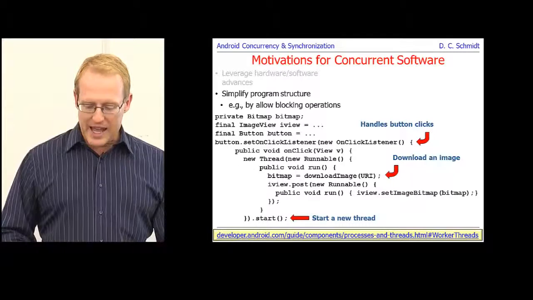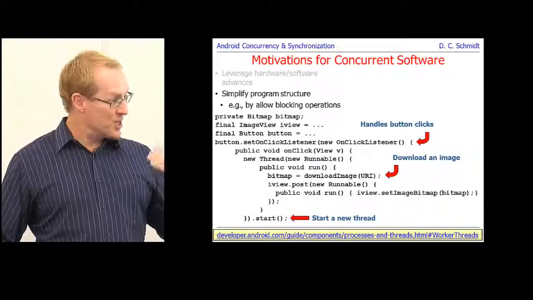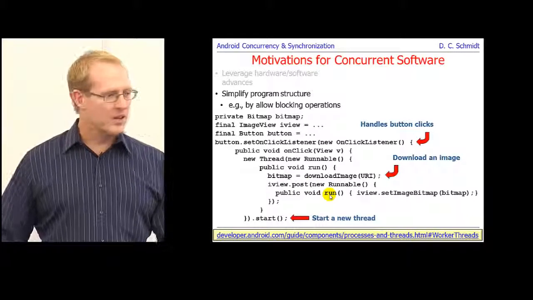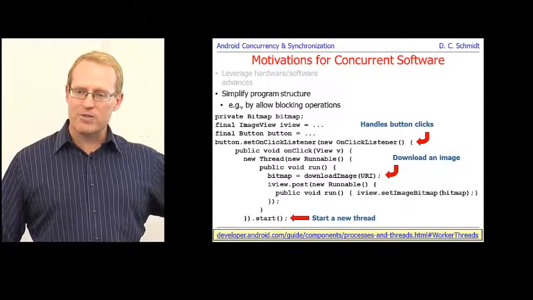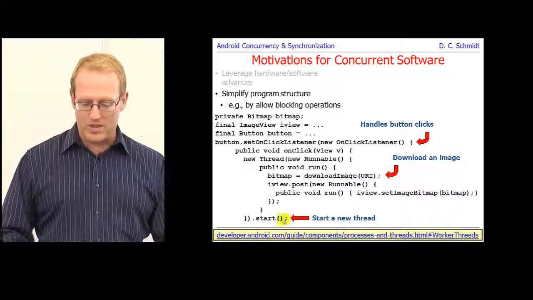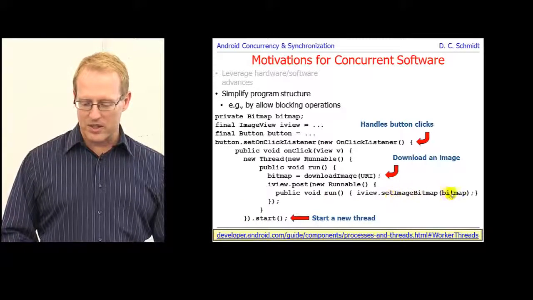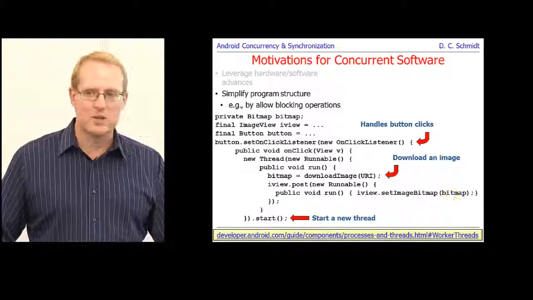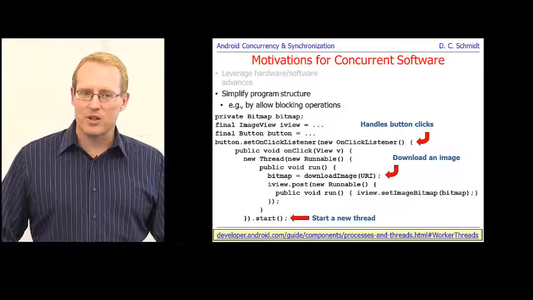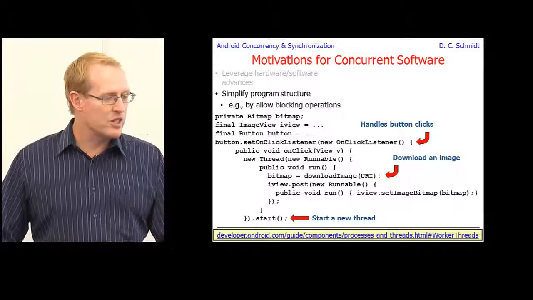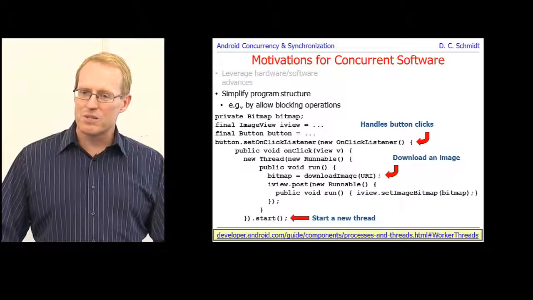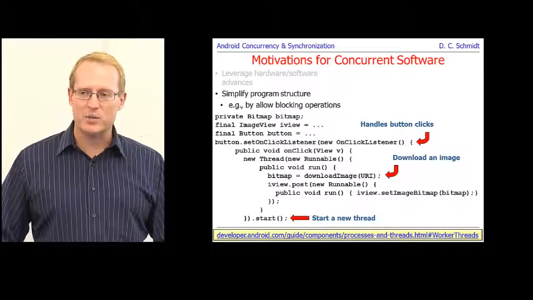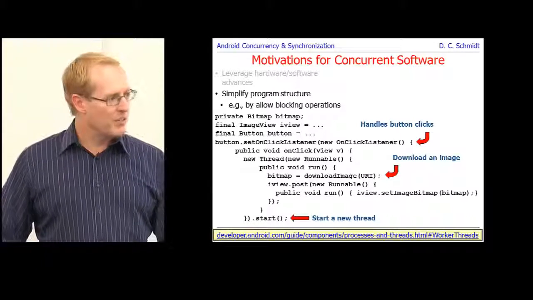Once that image has been downloaded synchronously, we're then going to post a new runnable to the main user interface thread of control, where, when its run method is called, it will set the image bitmap to the bitmap, which will then be displayed. So that's a nice example of synchronous blocking, and it uses some other magic taking place behind the scenes to handle the various interactions between the background thread and the foreground user interface thread.